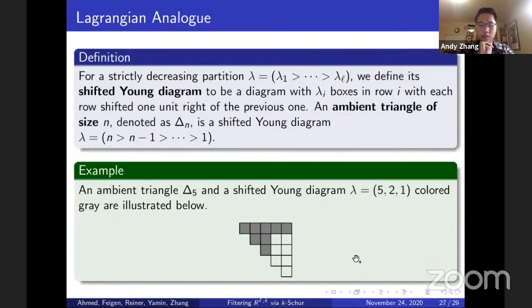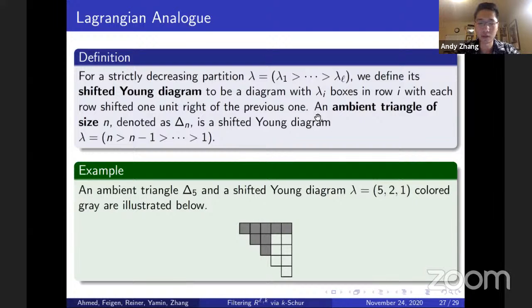Okay, another direction we took in our research was to find different analogs for the R-T conjecture. And before introducing this analog, we shall introduce some notions. So if we focus our attention instead on strictly decreasing partitions, or partitions with distinct parts, we could define its shifted Young diagram to be a diagram with boxes aligned in a triangular fashion.